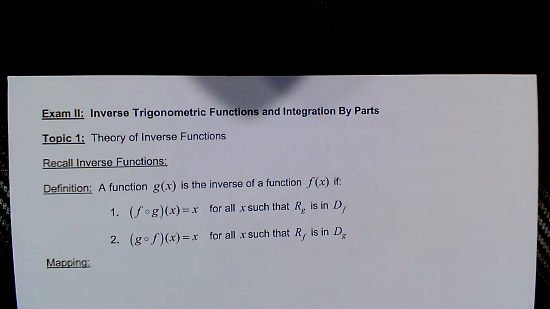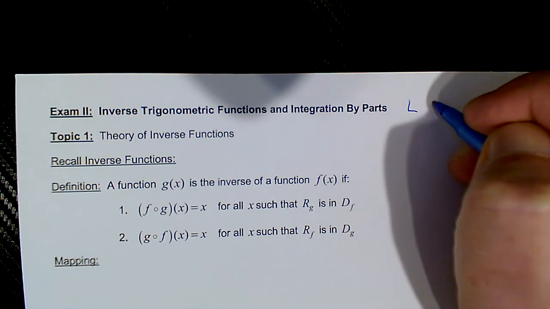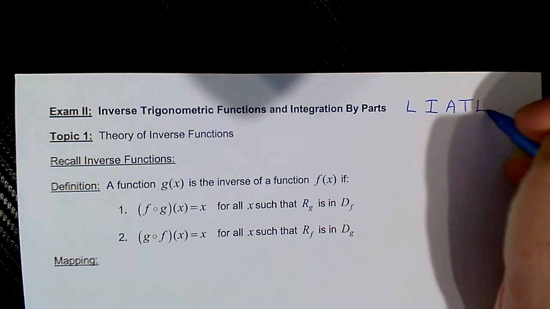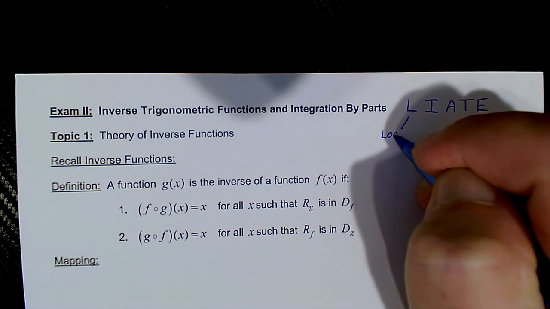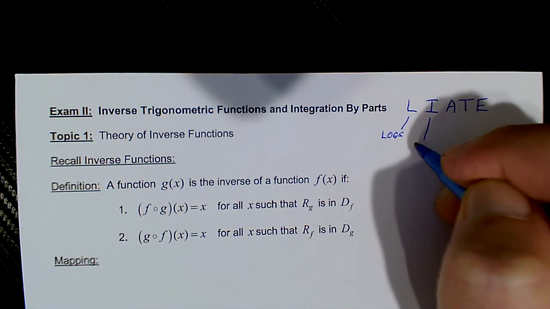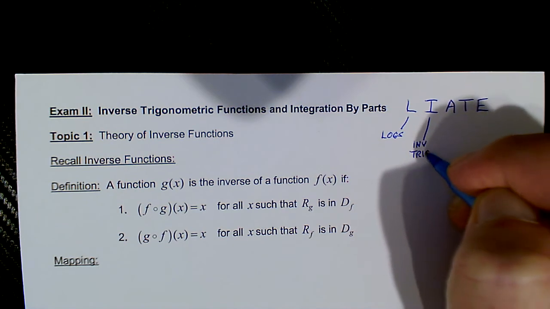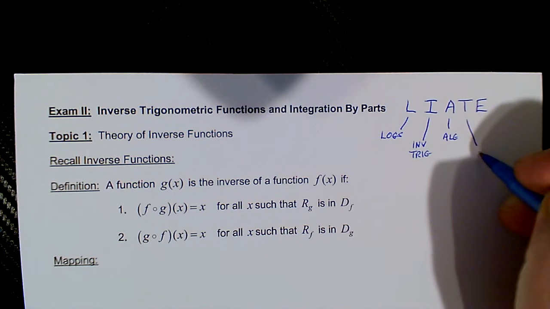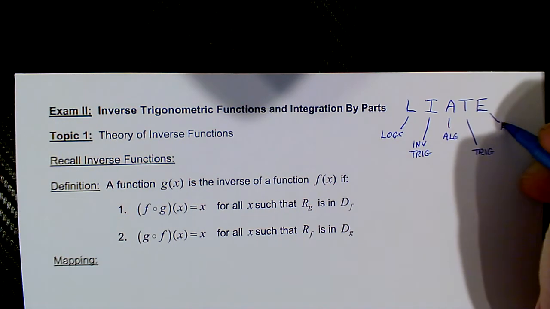Regarding functions in general, you might recall I've mentioned before the acronym LIATE, which gives us the 5 main classes of functions. L is for logarithms, I is for inverse trig, A is for algebraic, T is for trigonometric, and E is for exponential.